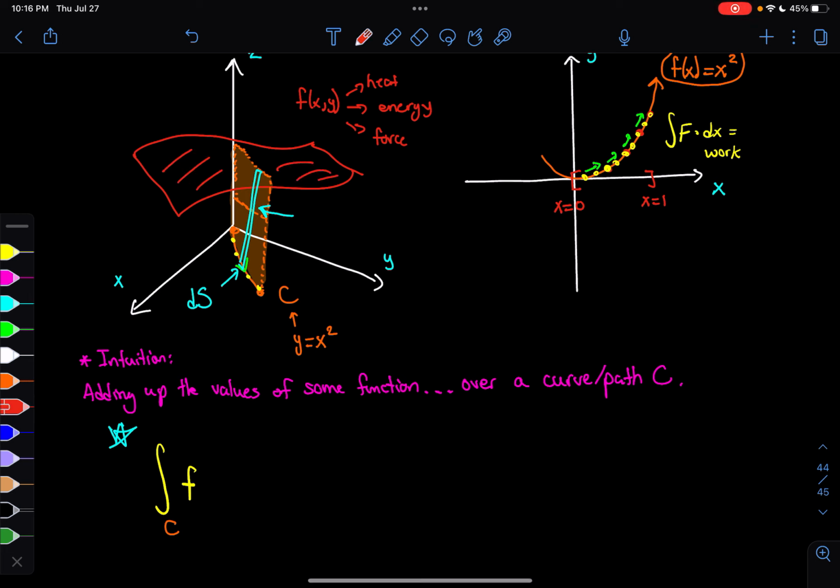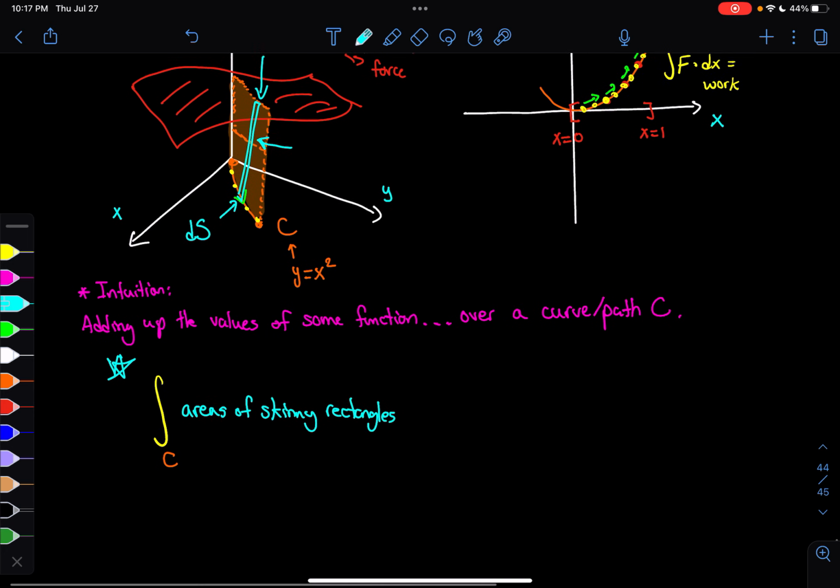If we're adding up the values of our function over our curve, just like in one-dimensional calculus, we treat this as having a whole bunch of really skinny rectangles. So adding up all these values simply comes down to adding up the areas of skinny rectangles, something we've done many times back in Calculus 2 and also in this class.